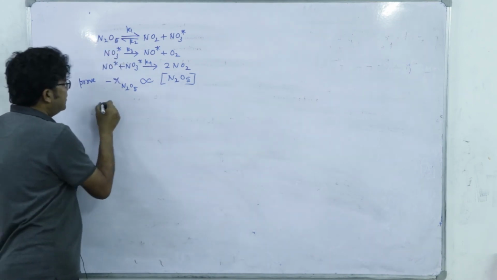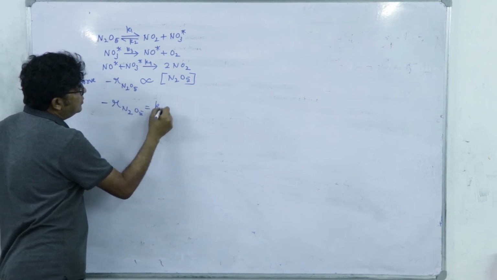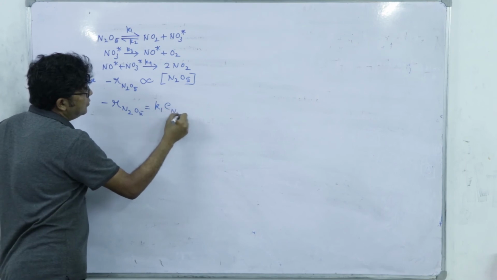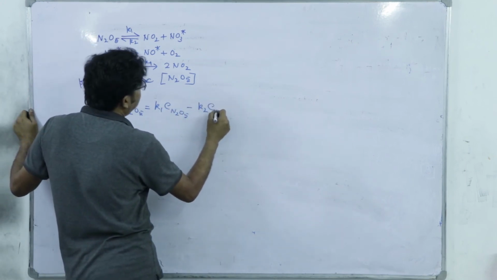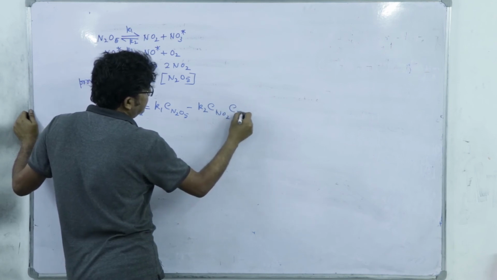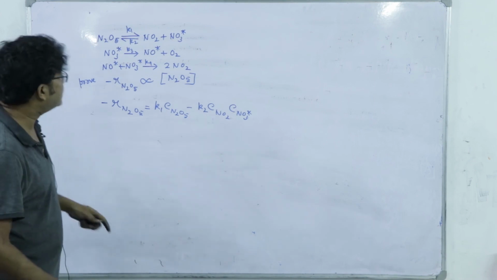So, you see, let us write minus R N2O5 is equal to K1 C N2O5 minus K2 C NO2 into C NO3 star. Now, this C NO3 star we have to substitute.